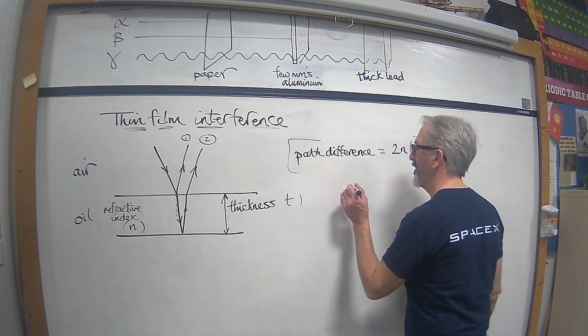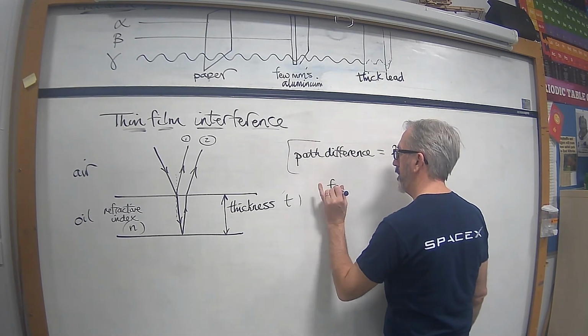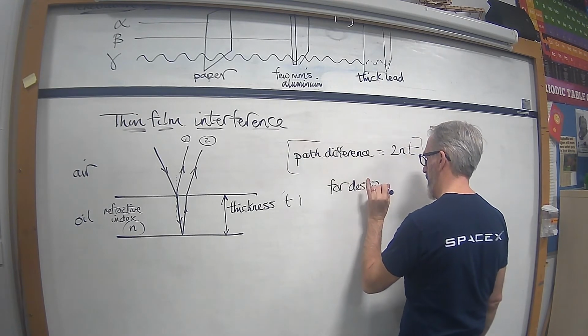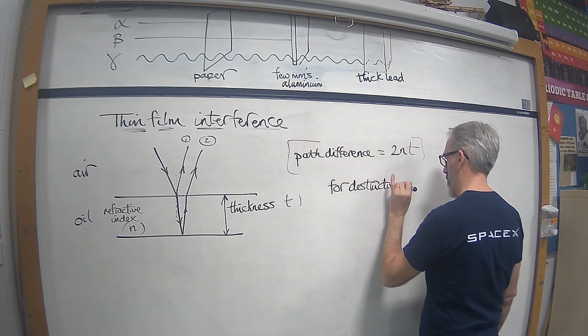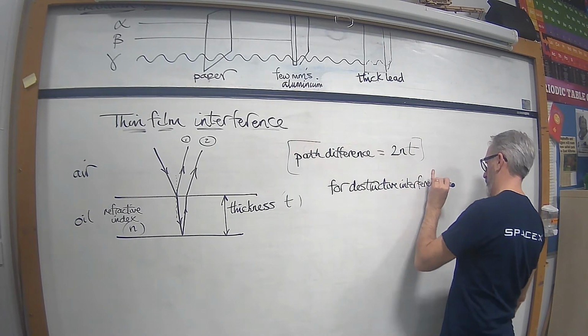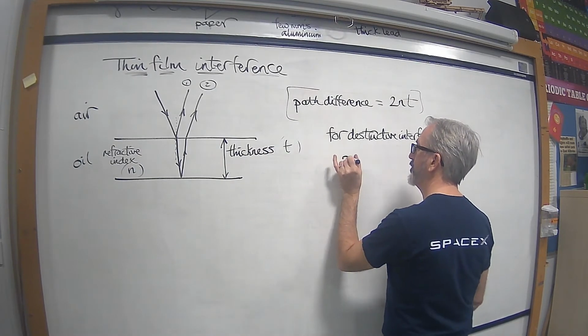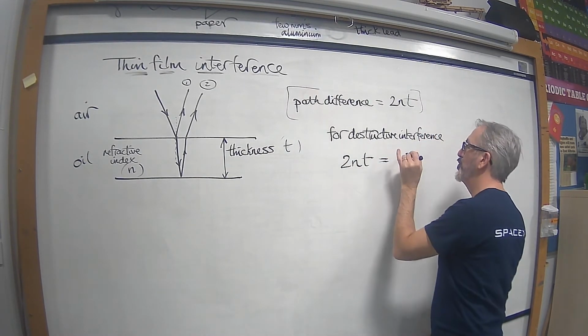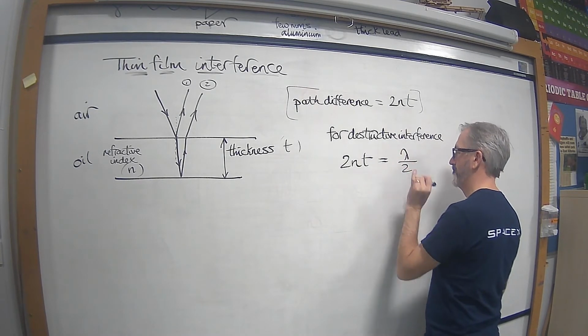So for destructive interference, that path difference 2nt will have to be equal to half a wavelength.